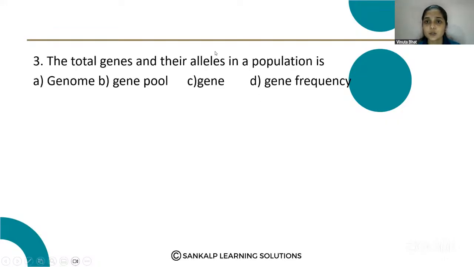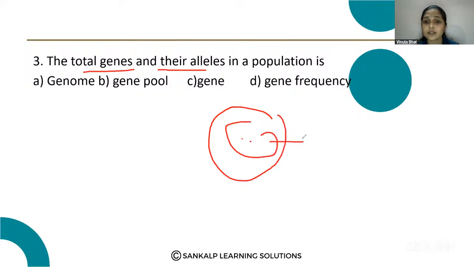But the total number of genes and their alleles, how many genes are present in that population and their allelic forms, for example, for height they have two, or for the color of the body they have two types of alleles, means the total alleles in that population, that is called the gene pool.